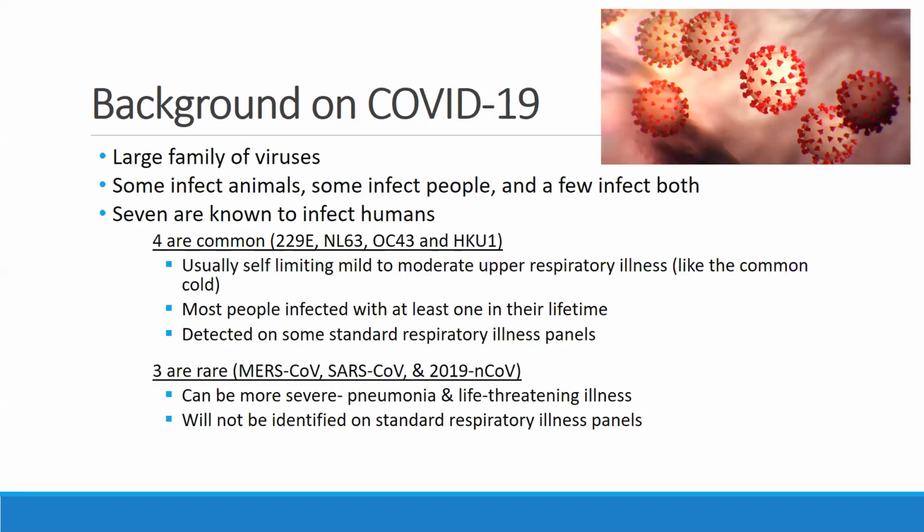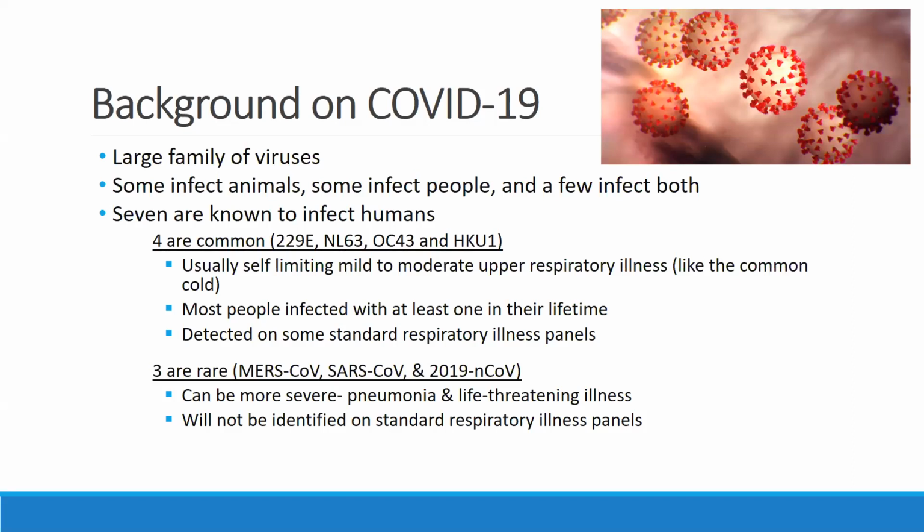And these viruses can be detected on our standard viral respiratory panels. So if you hear someone say, I went to my doctor and I was diagnosed with coronavirus, I tested positive for coronavirus, what they're talking about is one of these 4 common viruses, because again, these circulate widely in our communities and they're really common this time of year.